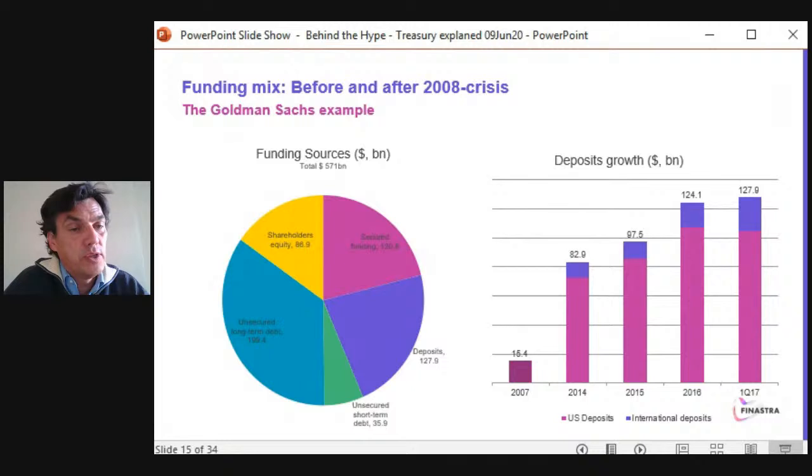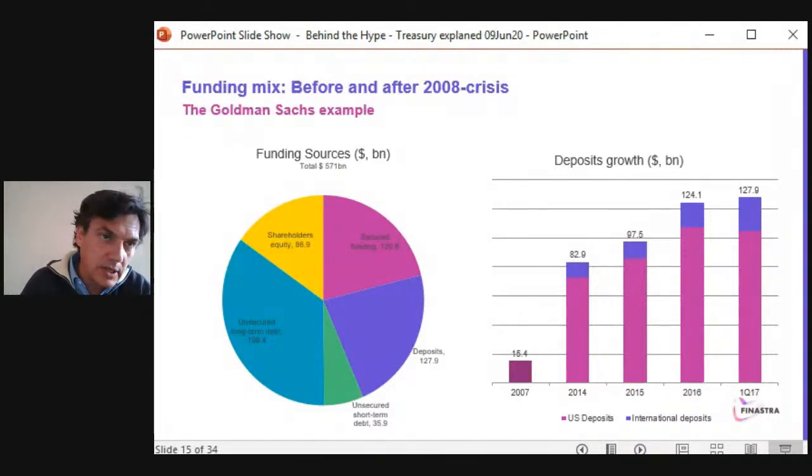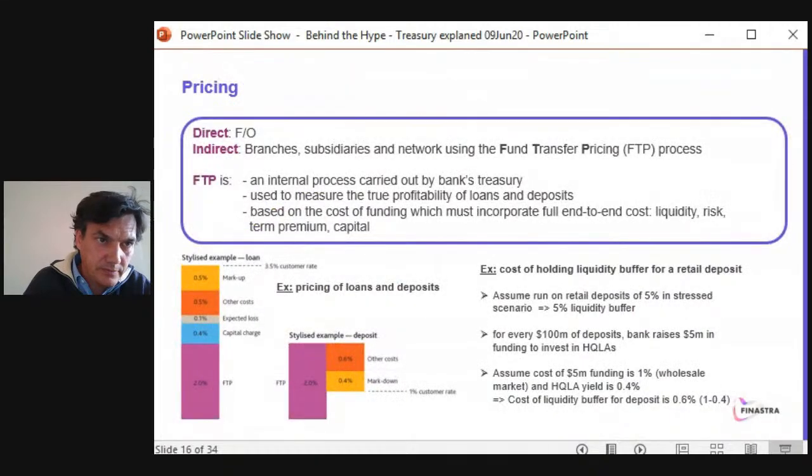You just need to have retail clients and to make them happy. So it's easy and not easy at the same time. But it's a very cheap way to get money, because you don't need to go every day to the market or to the central bank or to the interbank market to get that money to make sure that you can run the bank. Okay, so that's a good example at Goldman Sachs.